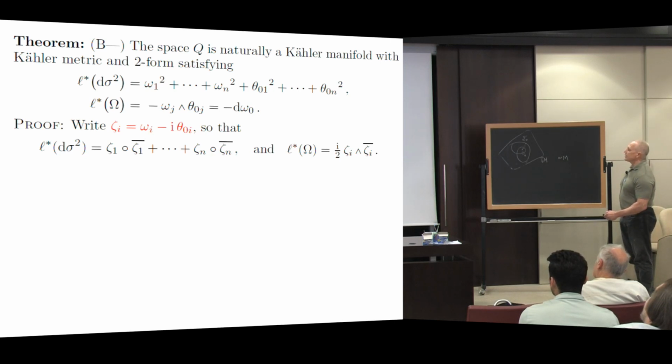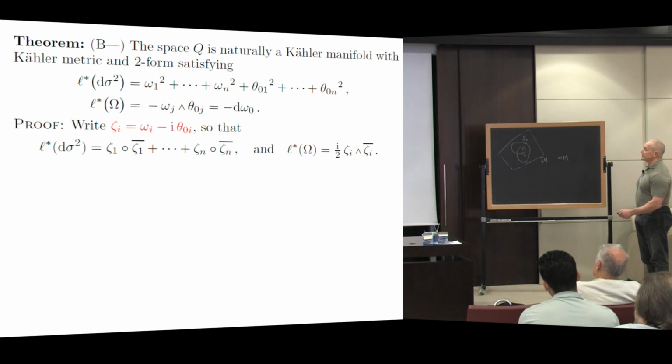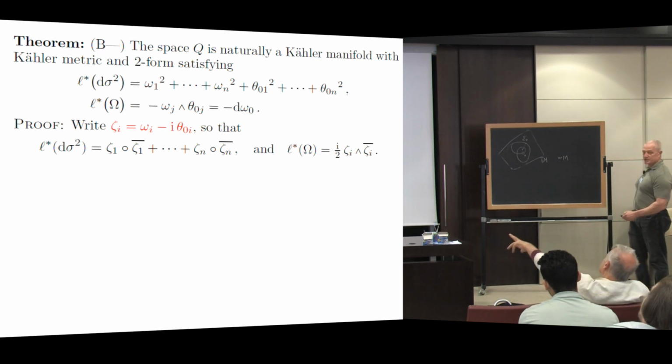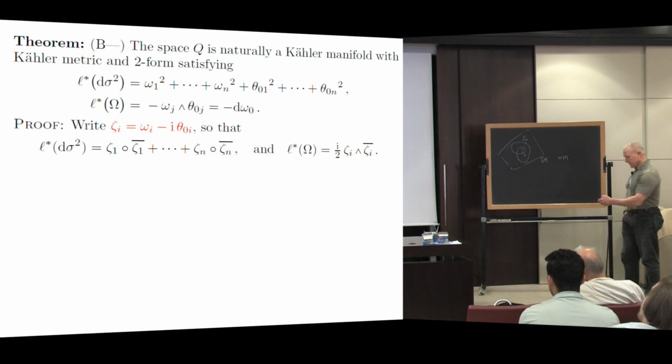And i over 2 zeta_1 wedge zeta_1 bar is actually minus omega_1 wedge theta_0^1. So the metric, which is well defined on sigma, is a Hermitian form of type (1,1) with respect to this complex basis, and capital omega is of type (1,1) with respect to this complex basis. The first is the symmetric product, right? Yes, and that's of course the skew-symmetric product.